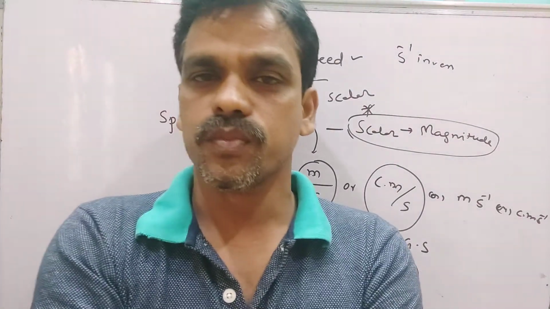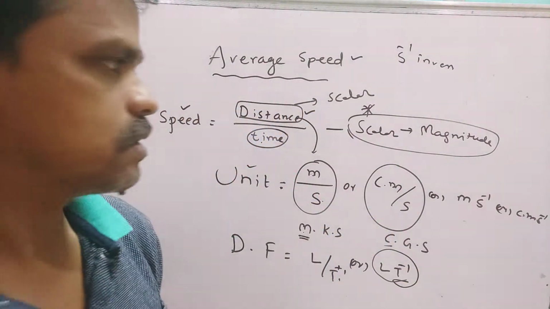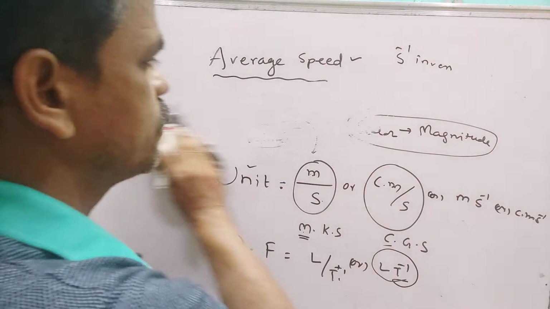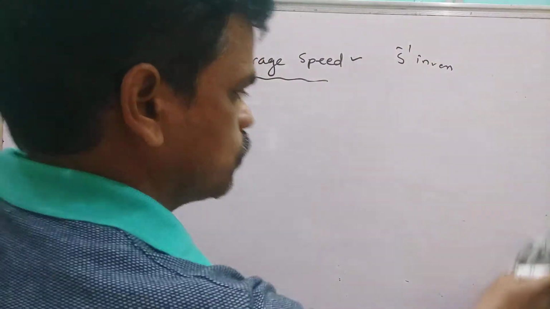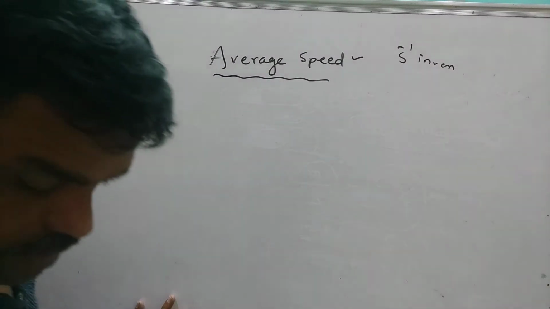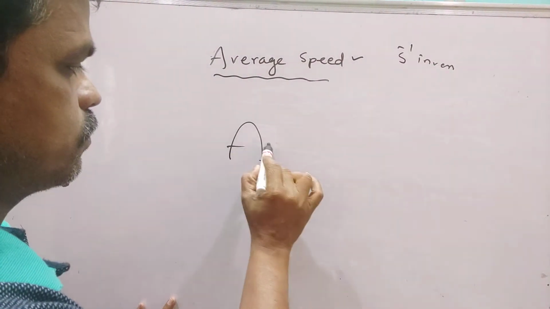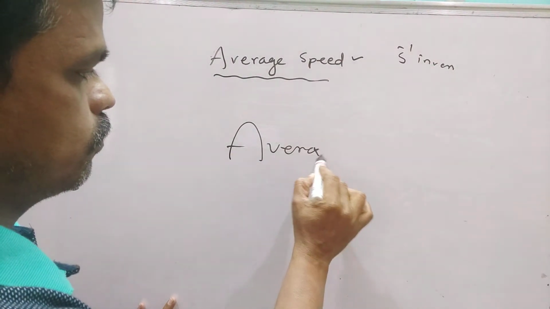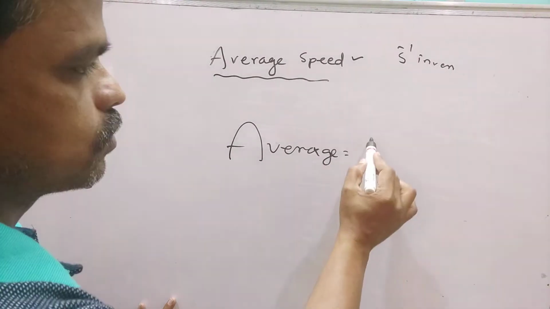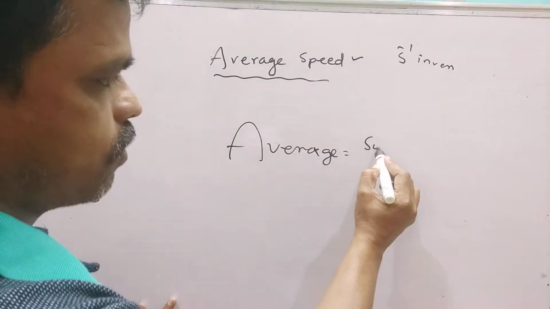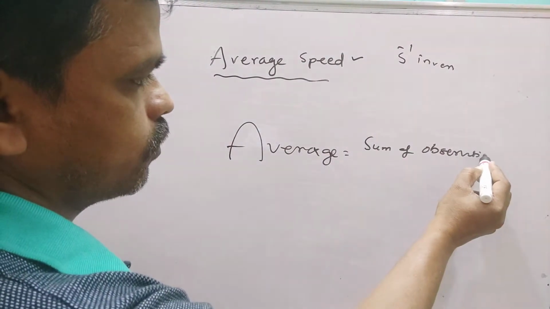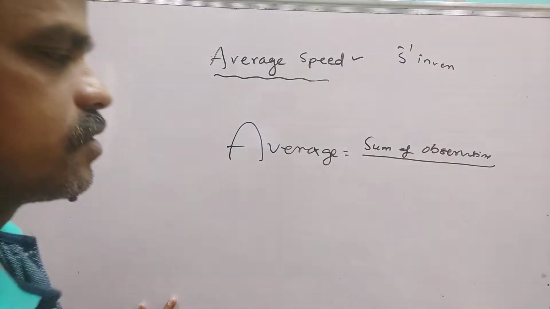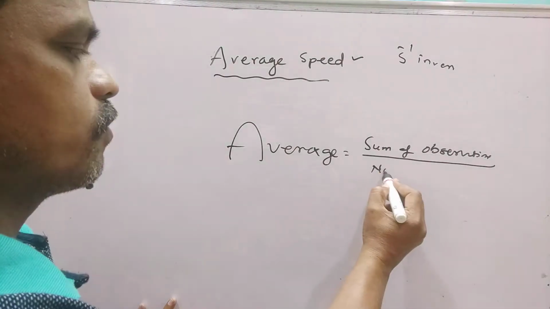Okay, this is speed. Now I want to discuss average speed. Already we know in lower classes, average equals sum of observations by number of observations.